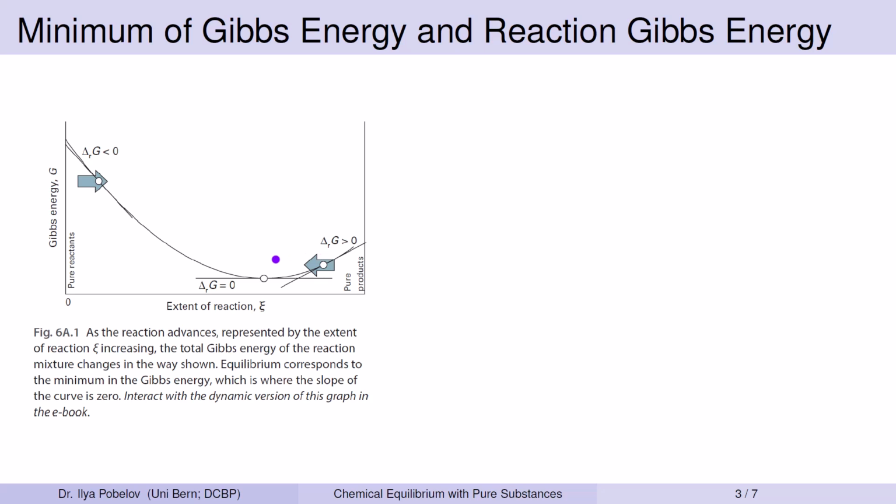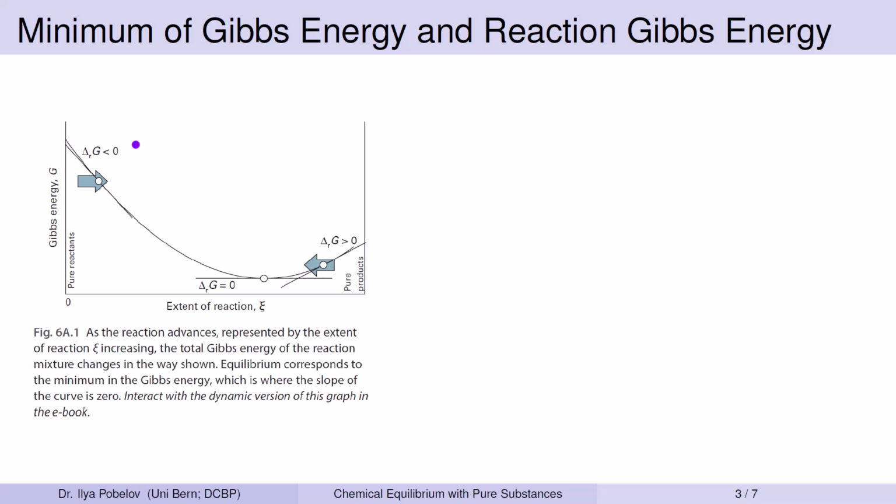The reaction will continue until the Gibbs energy reaches a minimum, indicating a state of chemical equilibrium where there is no drive for further change. Note that this spontaneity, dictated by thermodynamics, can be inhibited by kinetic factors.